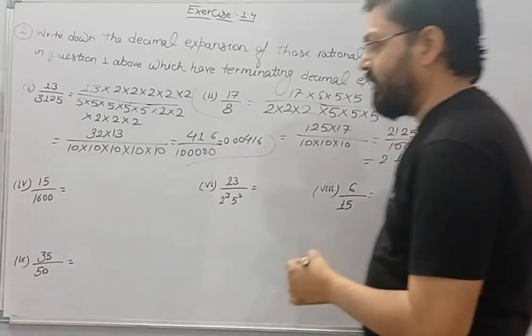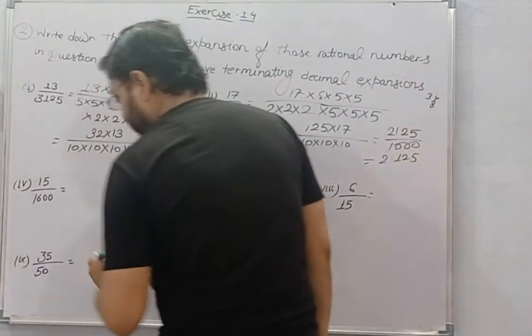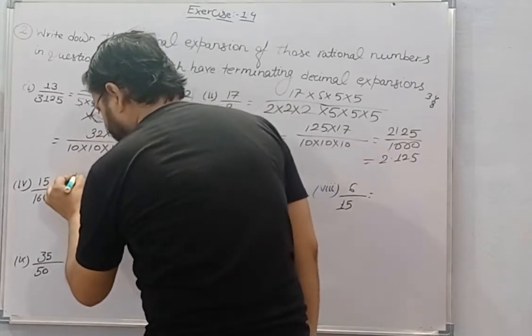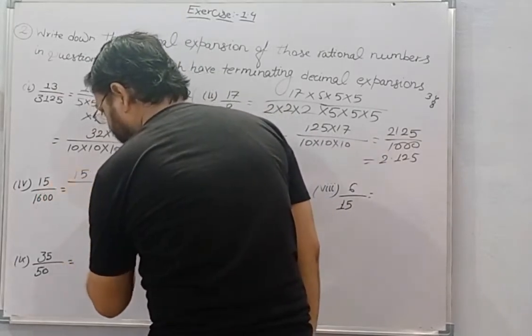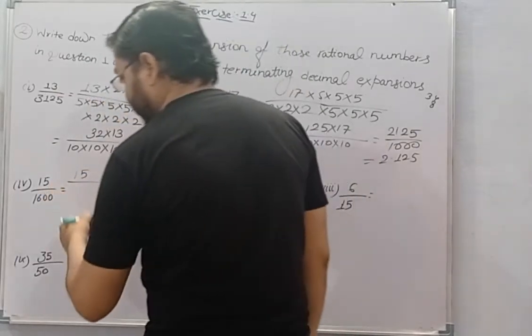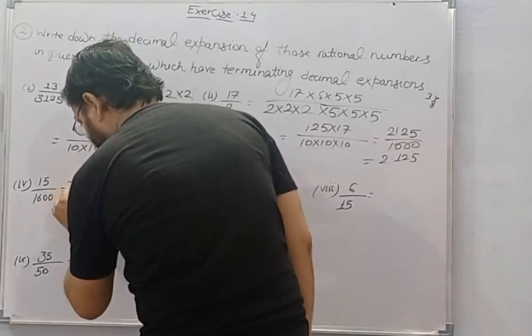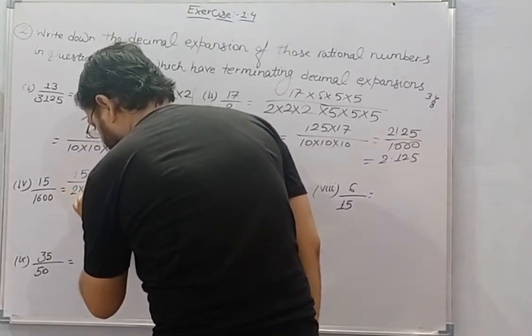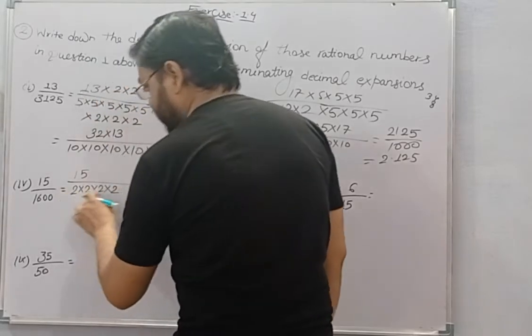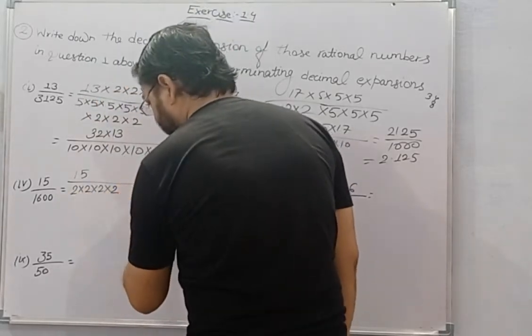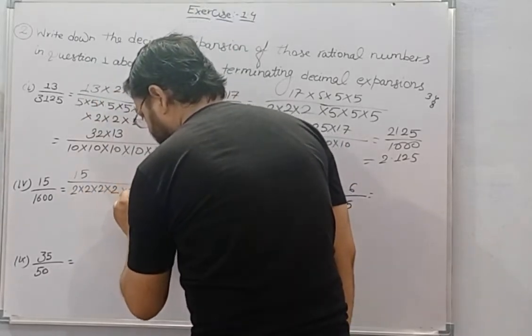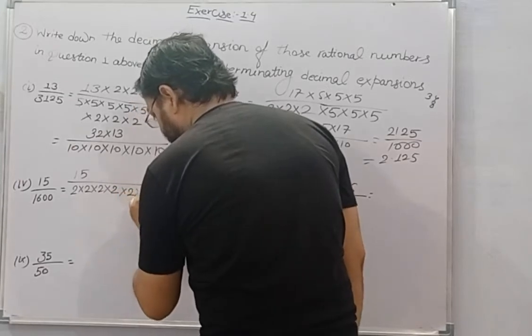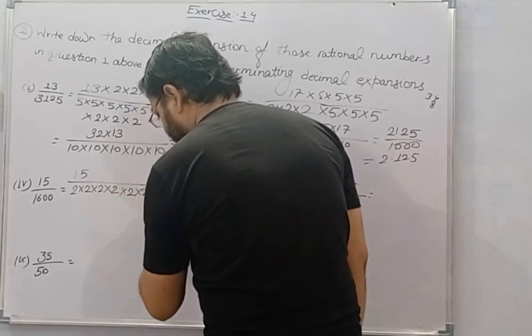Okay. Now come to here. Similarly, 15 upon 1600. Now do the factorization: 2 into 2 into 2 into 2. This becomes 16. And 400 is 2, 5, 5.